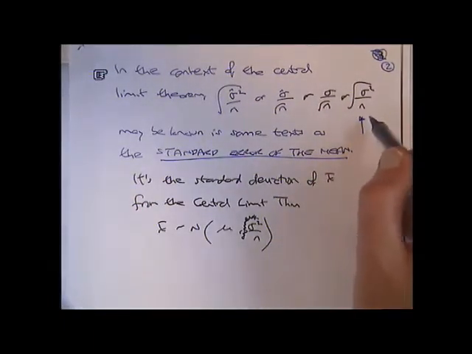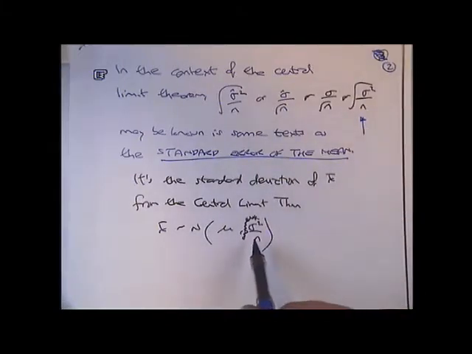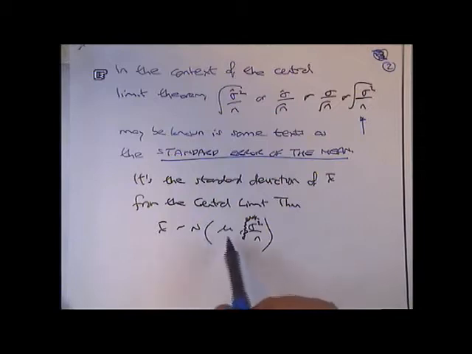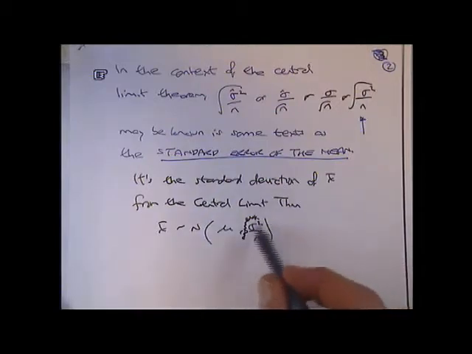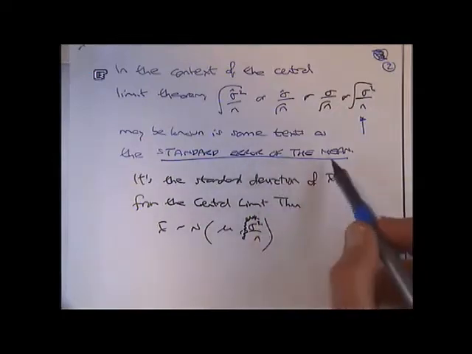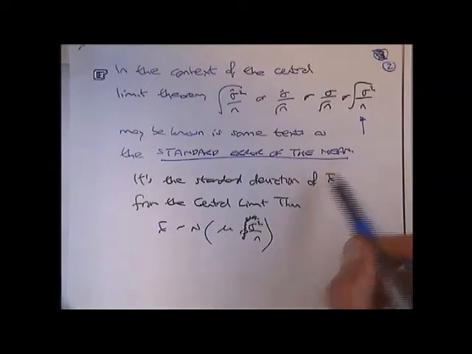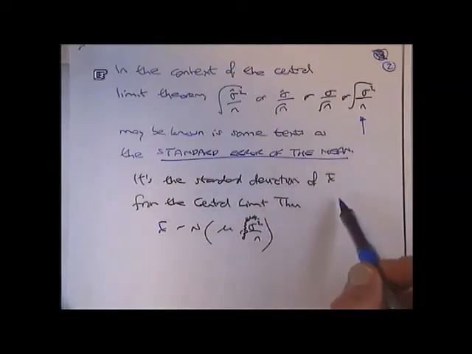And that is the same thing as when you're using the central limit theorem and you say x bar is normal, mu, sigma squared over n, it's the square root of that. So in other words, the standard error of the mean is the same thing as the standard deviation of x bar.